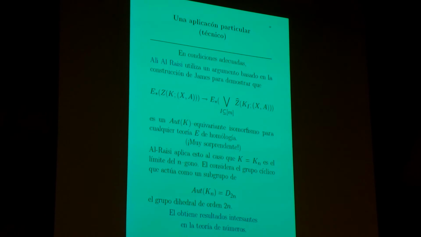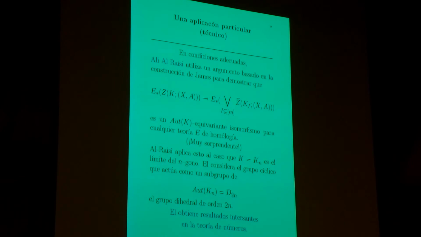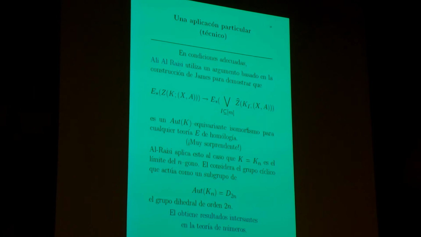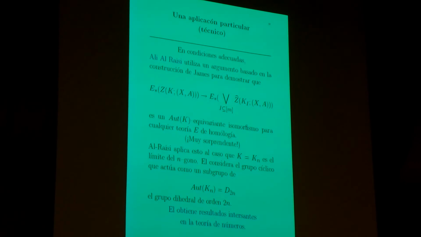Well, he showed that this decomposition, this structure theorem, it behaves well with respect to homology. And now I apologize, I'm making comments which only the experts will understand. Please forgive me. This, in homology, this is equivariant over the automorphisms of K. Now that is a very shocking result, right? It makes no sense that this should be.